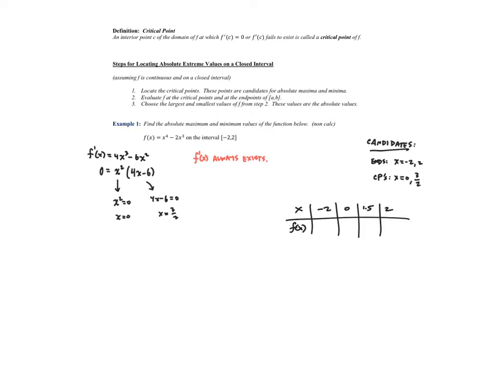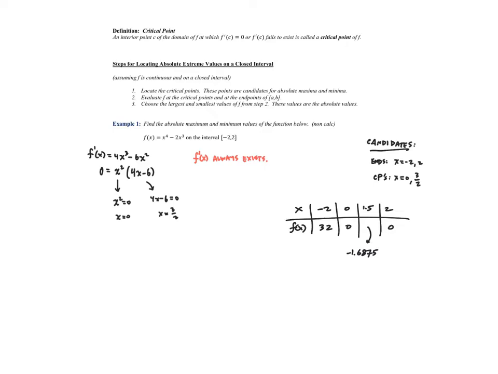f of -2 is 32, f of 0 is 0, f of 1.5, I can't fit it in here, but it's negative 1.6875, and f of 2 ends up being 0 as well.